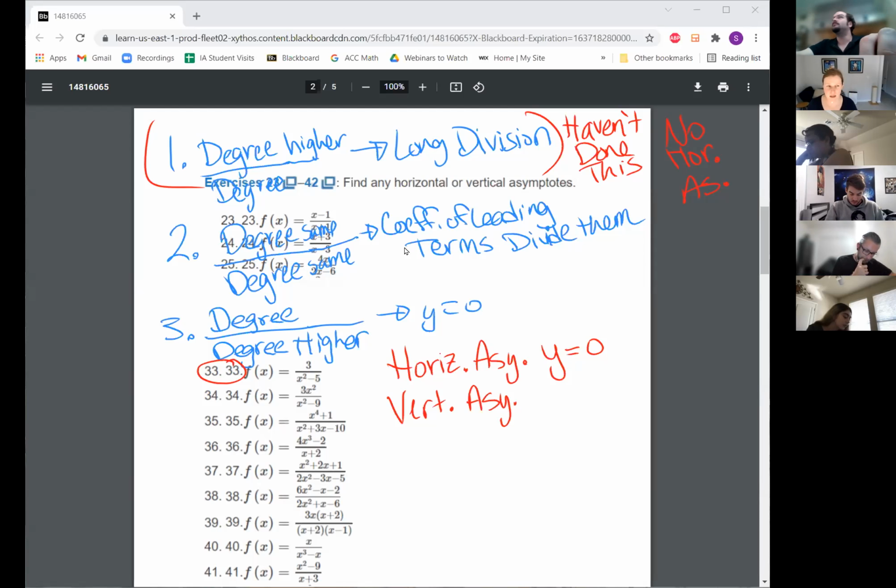Do you have that on the last problem? Yes. So that was the denominator. So we're going to do the same thing here. So what's our denominator? x to the second minus 5. So we're going to make that 0, and then we're going to solve for x. Okay.